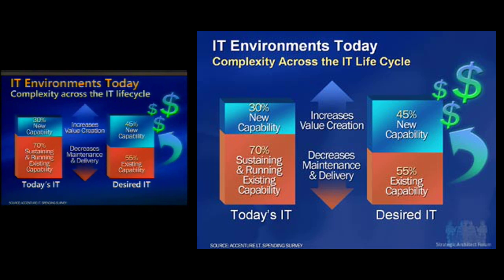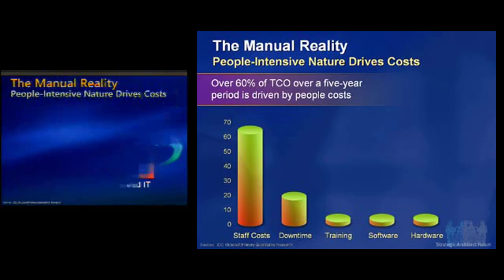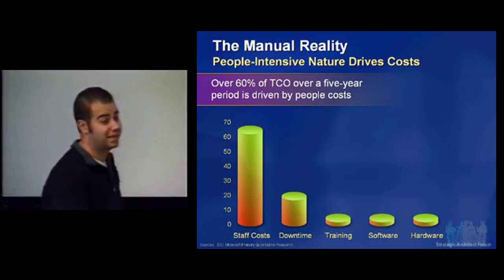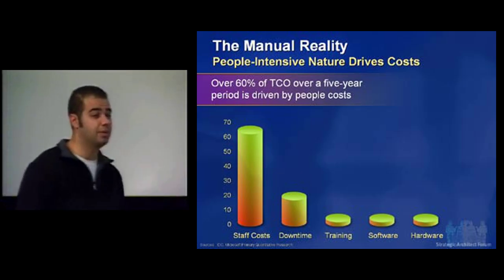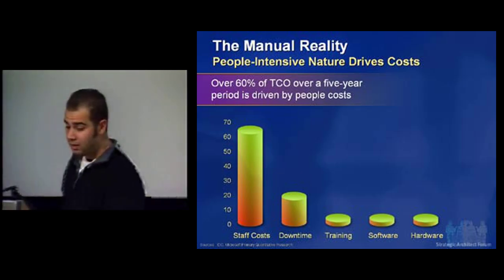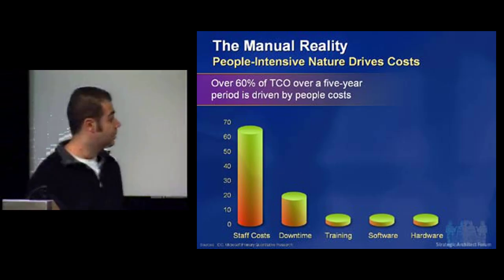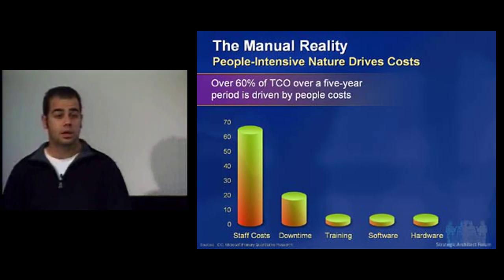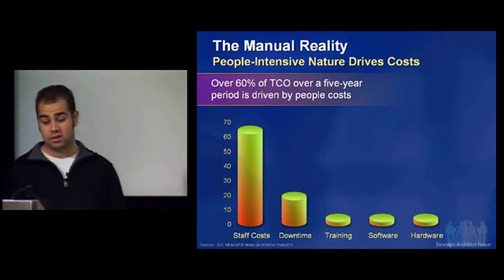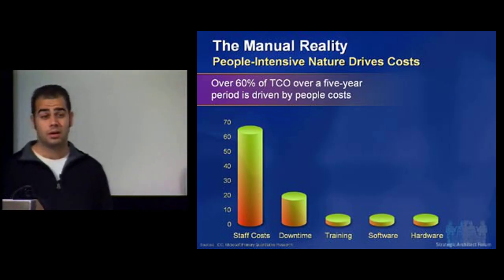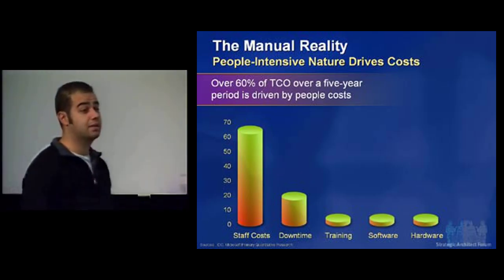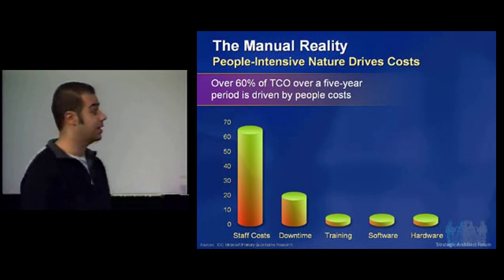existing systems. So if you drill down into this and ask why 70% of the IT budget is spent on maintaining existing infrastructure, a lot of it is actually in people cost. This data point comes from IDC, and it basically shows that 60% or more of the IT budgets is spent on paying for people that are making sure they keep the systems up and running, and do a lot of different tasks that are part of your IT shops today.